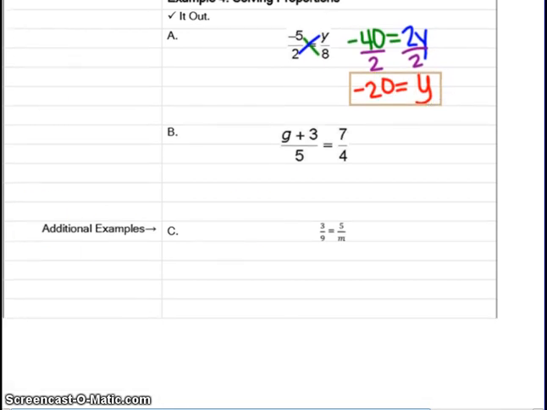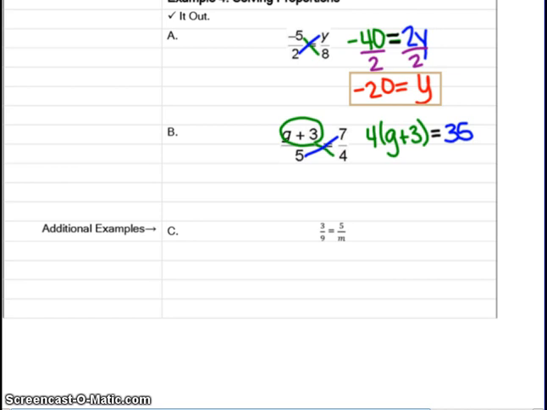Alright, same idea on letter B. Again, I'm going to use my cross products. So I know that 4 times g plus 3 looks like this, because this 4 has to be multiplied times all of that. And then that's going to be equal to 7 times 5, which is 35.